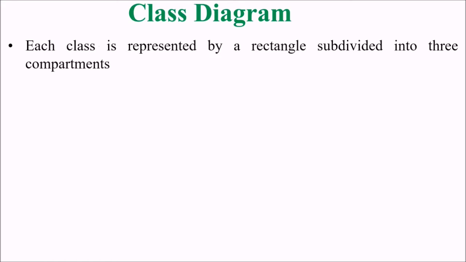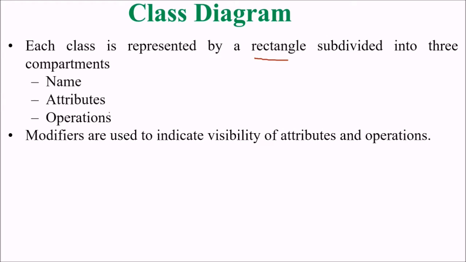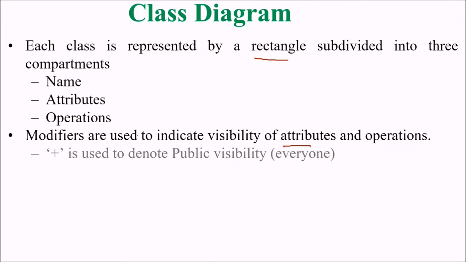We have just discussed the use case diagram, and that is essentially used in requirement analysis and modeling, but it can be used elsewhere. In the class diagram, each class is represented by a rectangle subdivided into three compartments: name, attributes, and operations. Modifiers are used to indicate visibility of the attributes and operations.